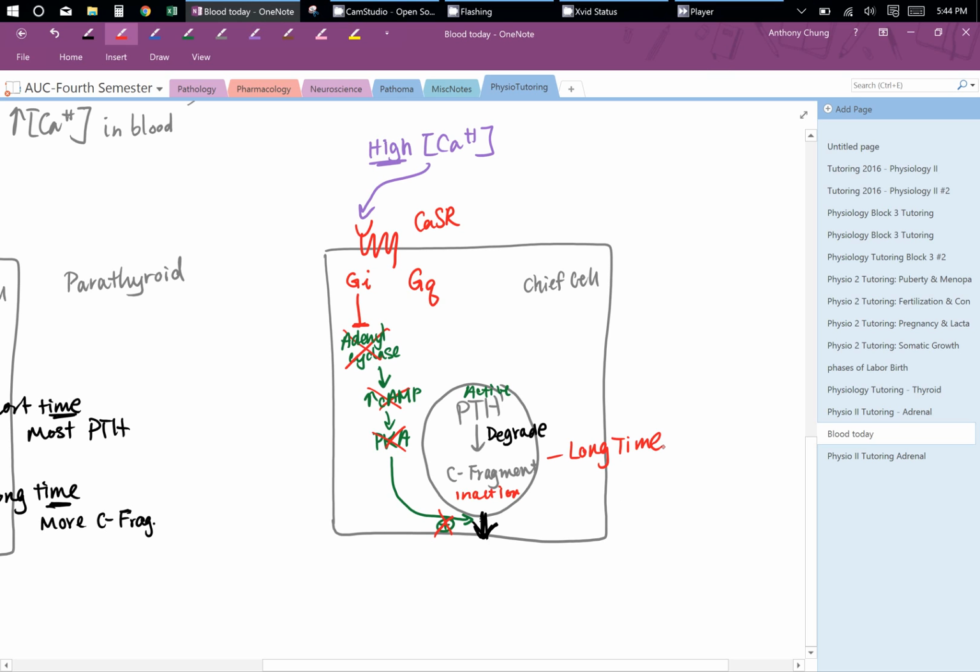And now the GQ, what's going to happen is, we know that it's going to go through the phospholipase C, IP3, but ultimately it's going to result in calcium being released from the ER, and at the same time, this will upregulate this calcium channel.